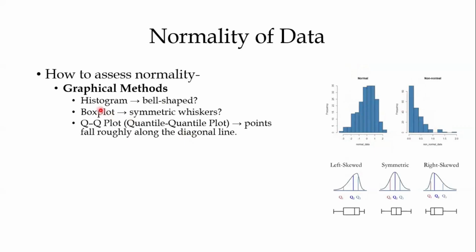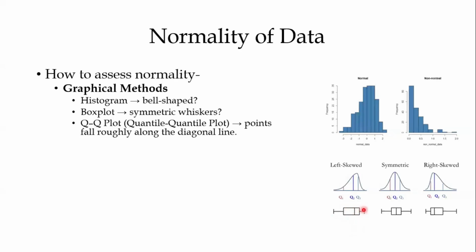Another way of looking at normality using graphs is by generating what is referred to as box plots. Box plots are just another way of visualizing the data, usually with the interquartile range. So this would be the 25th percentile, this would be the 75th percentile, and this would be the median here.